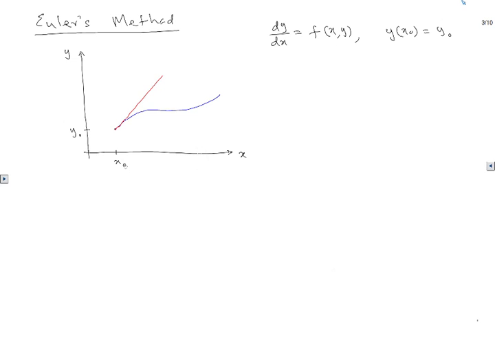So at this point, I'm going to call the slope m, which is simply what you get when you plug x0, y0 into the function.